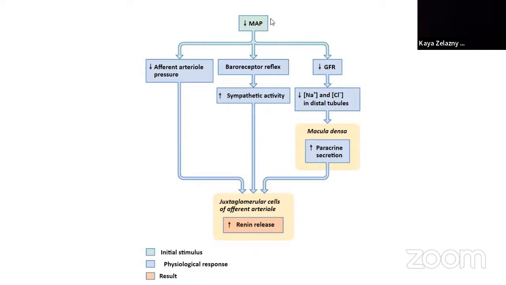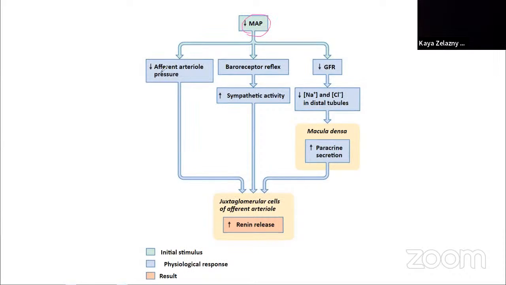So this is just telling us, right? Low mean arterial pressure creates signals throughout our body. Anywhere we have cardiovascular system, we're going to have low pressure. In this case, afferent arterioles are directly in our kidneys, directly near these cells that can respond to it. We'd also have a low glomerular filtration rate, right?